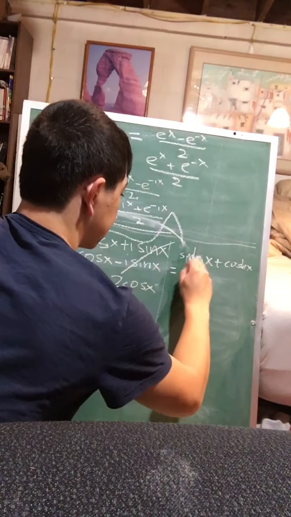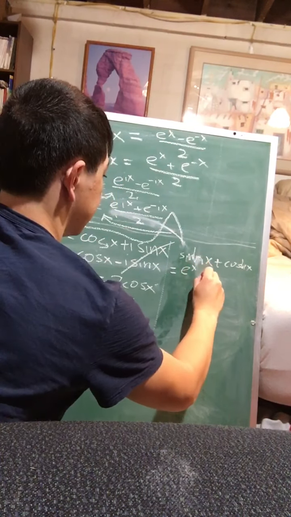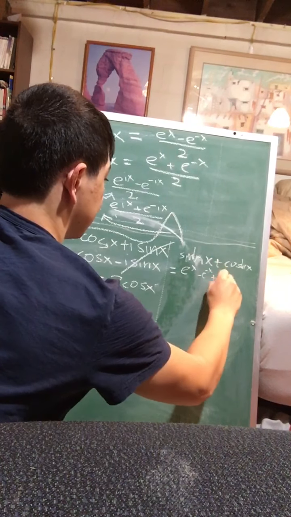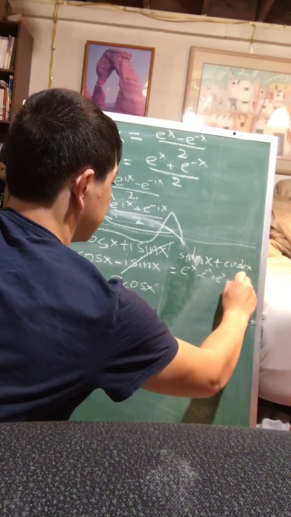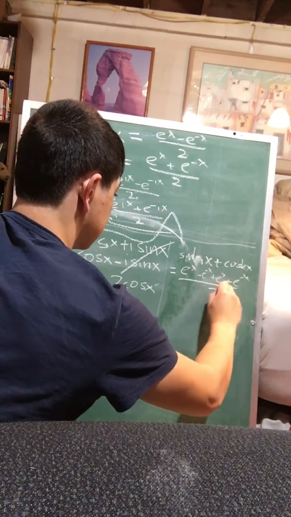This is going to be e to the x minus e to the negative x plus e to the x plus e to the negative x all over 2. Of course, these cancel out. And we're just going to be left with e to the x equals sinh x plus cosh x.